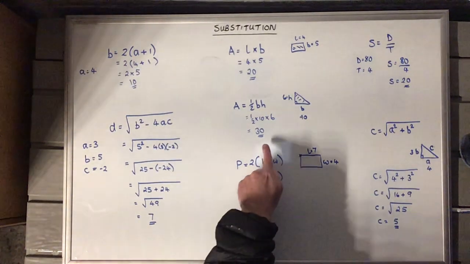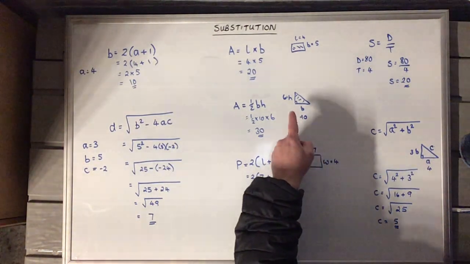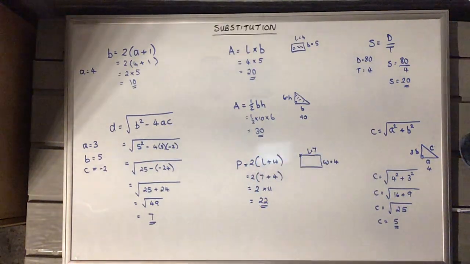And most people would probably know the next one as well. That's the area of a triangle, a right angled triangle, half the base times the height, and we know the sides here, so we can work out the area using the formula.